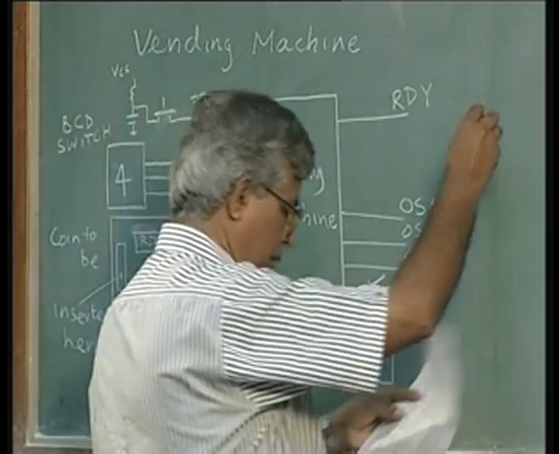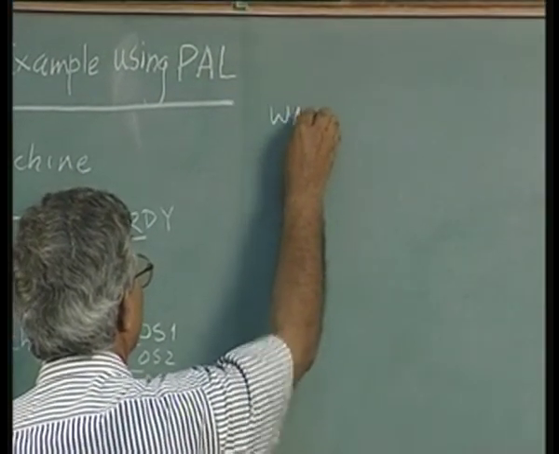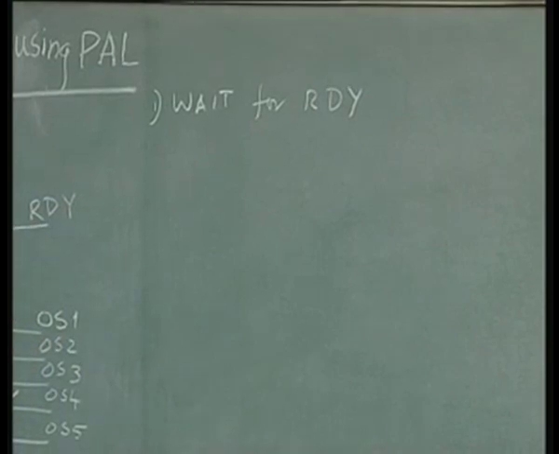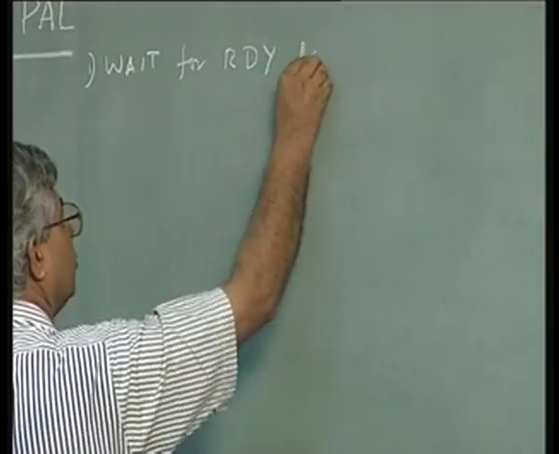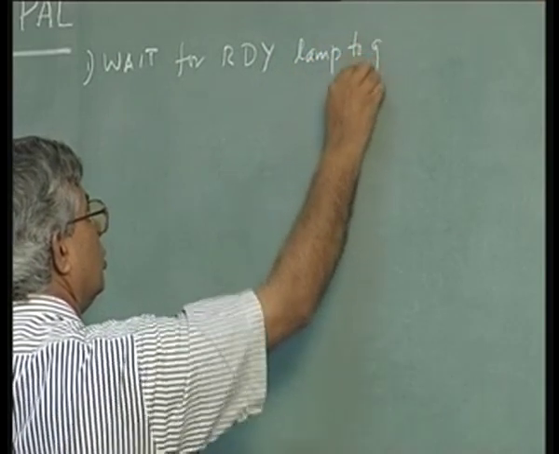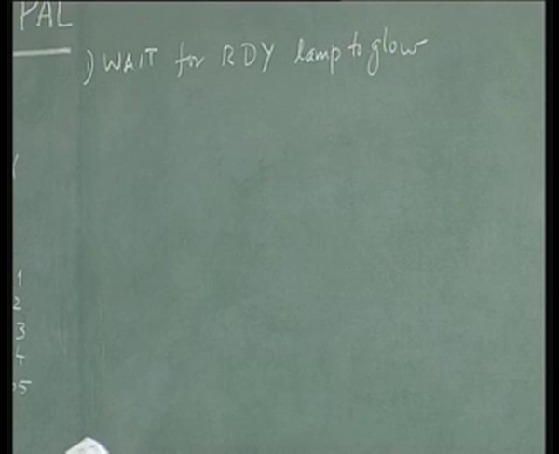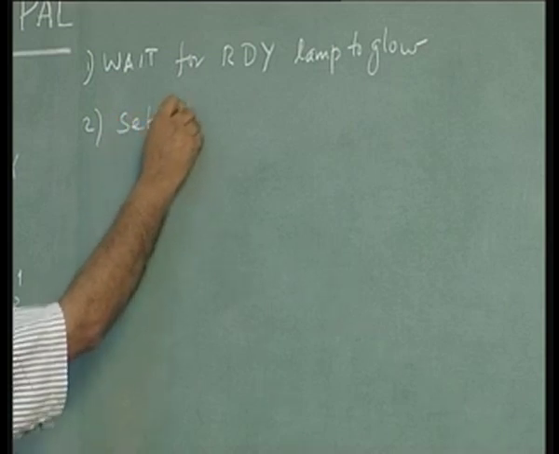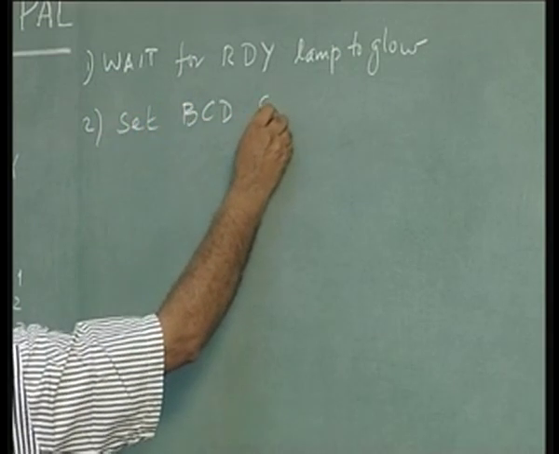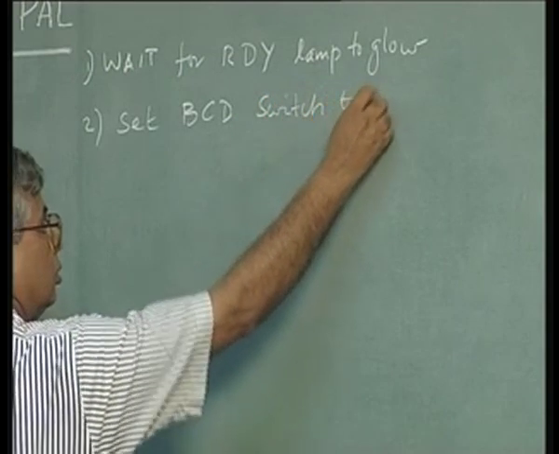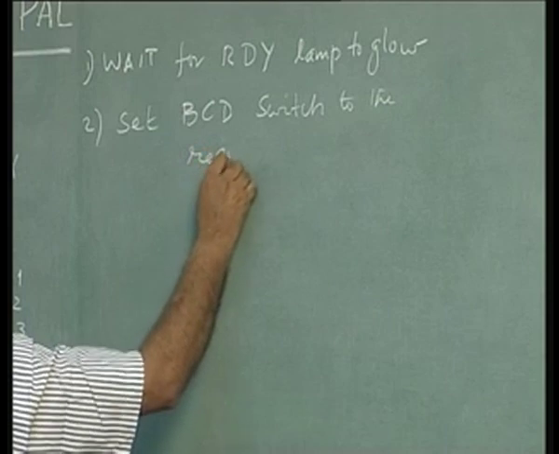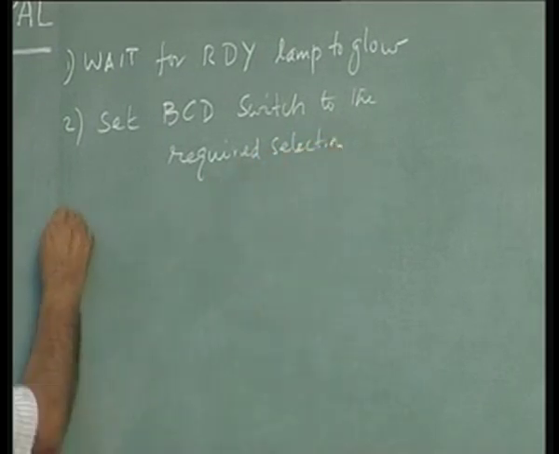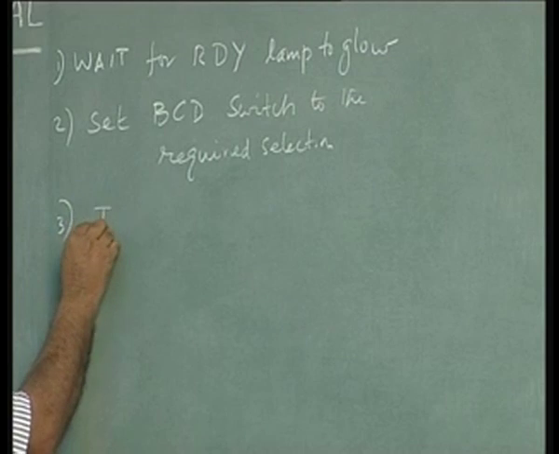So, the way it works, as I said, the mechanism is: wait for the ready lamp to glow, set the BCD switch to the required selection, insert the coin.